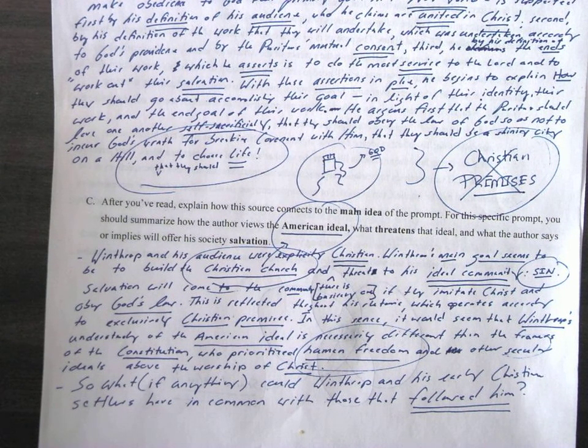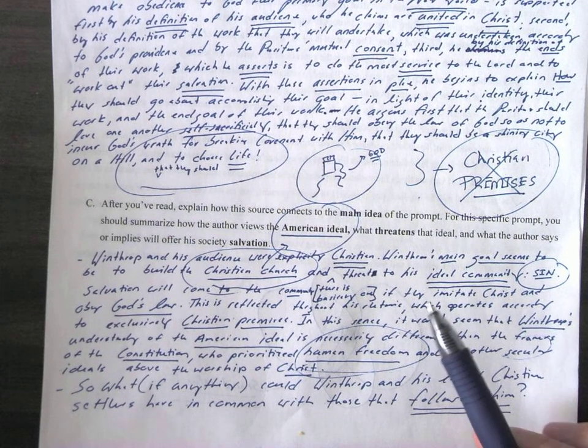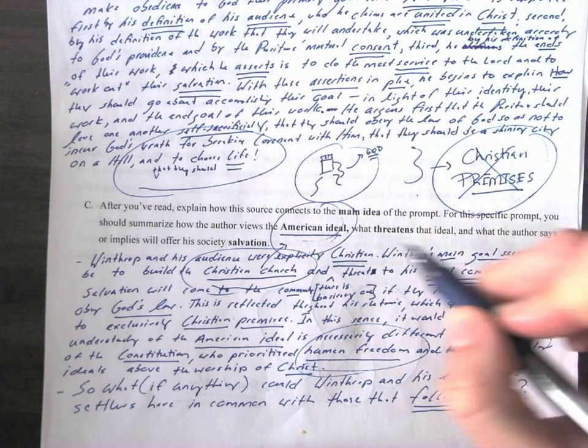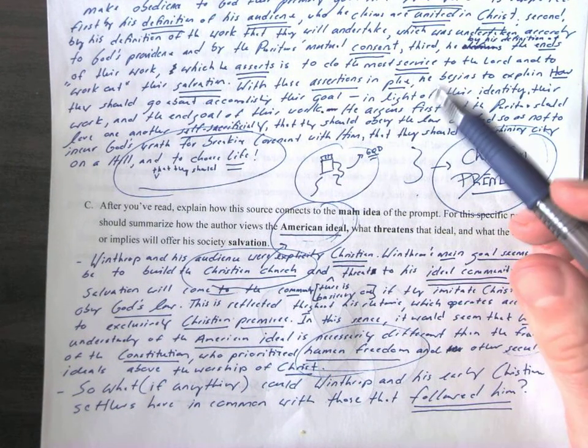So, on the face of things, it would seem that Winthrop and all other subsequent American sources that we're going to look at, including Reagan, Obama, and Douglas, would necessarily have to be operating with a different foundational ideal from different value systems.